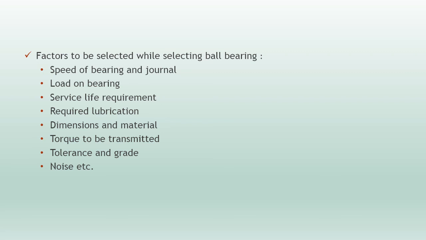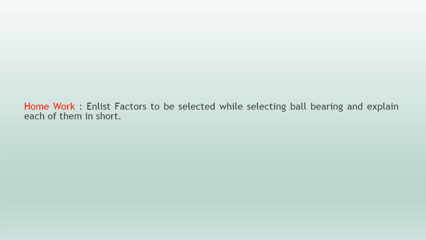The examiner may ask you to write down this specific topic directly, approximately for 4 to 6 marks. It's okay for this question. So let's consider this as a homework.